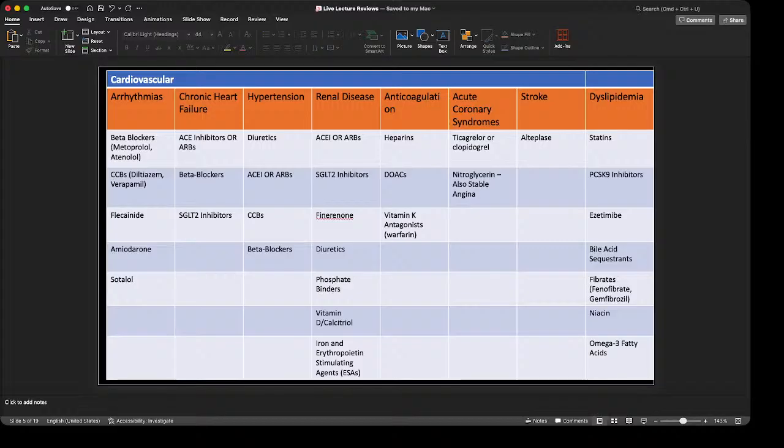Calcium channel blockers, one thing I can point out here is definitely watch out for any dihydropyridine like amlodipine, where it can cause swelling in the legs.